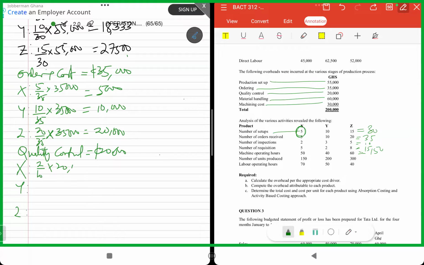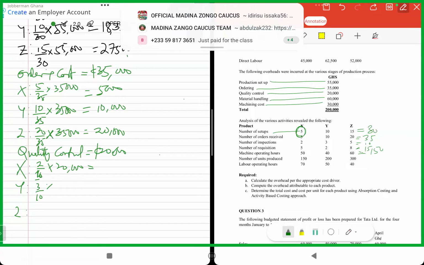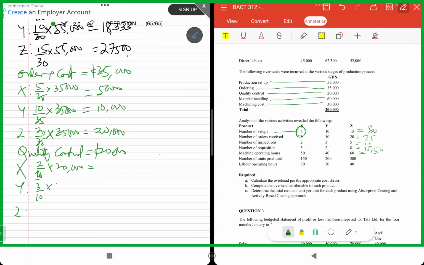Amy. 3 over 10 times 20,000. Next. 5/10 times 20,000. I have to finish quickly. 4,000.